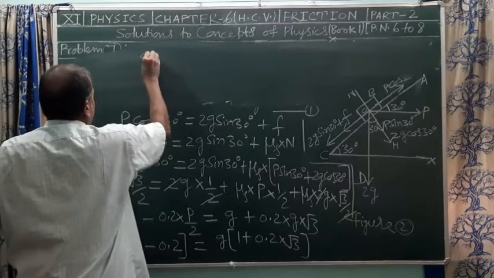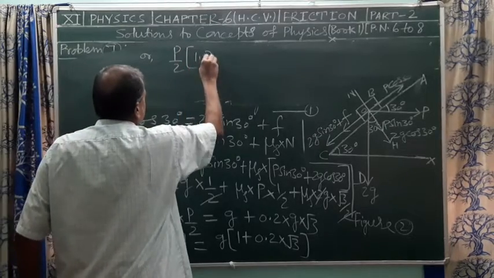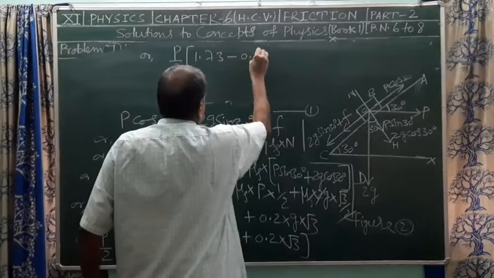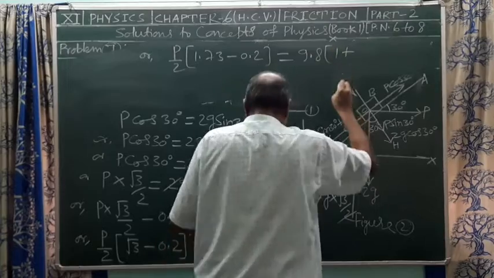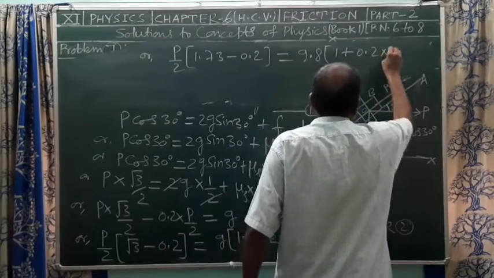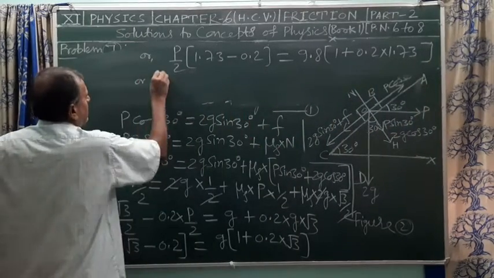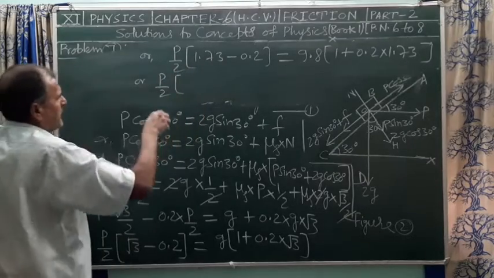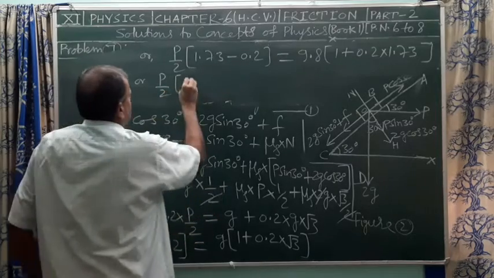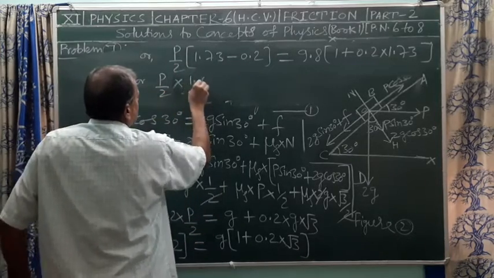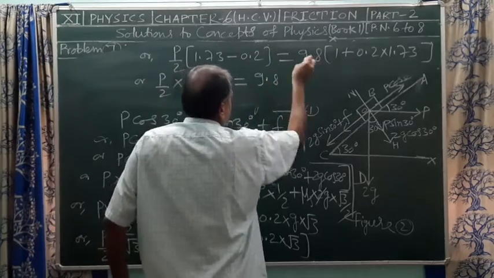So we have p/2 under bracket √3 is replaced by 1.73 minus 0.2, and in RHS it is g is 9.8 under bracket 1 plus 0.2 into √3 is 1.73, bracket is closed. And p/2 under bracket, now 1.73 minus 0.2, so subtracting 0.2 from 1.73, p/2 multiplied by 1.53 equals to 9.8 in the RHS.